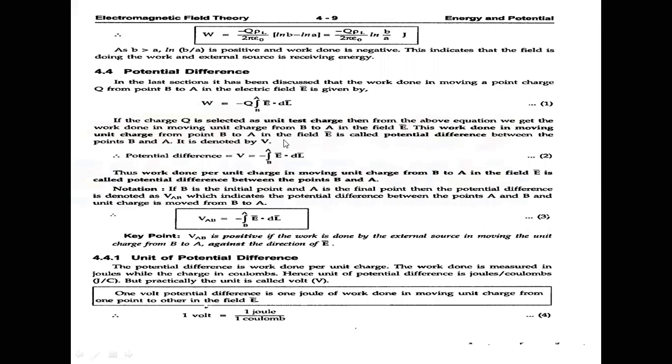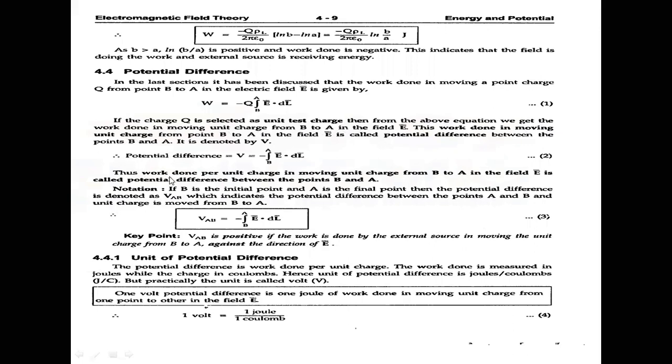Now this is the potential difference. If a charge Q is selected as a unit test charge, then from the above equation we get the work done in moving the unit charge from B to A in the electric field E bar. This work done in moving the unit charge from point B to A in the field E bar is called the potential difference between the points.